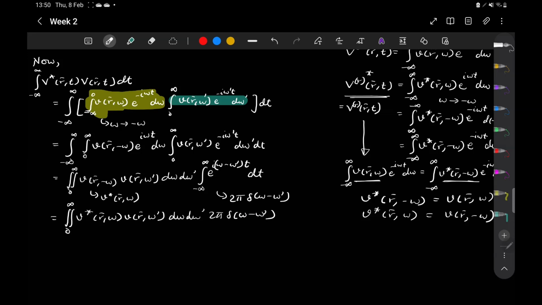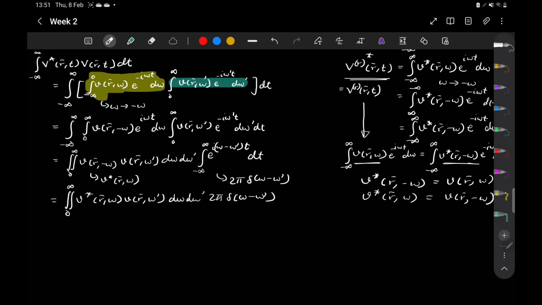Now integral over omega prime of this delta omega minus omega prime will pick out the value omega equals omega prime.